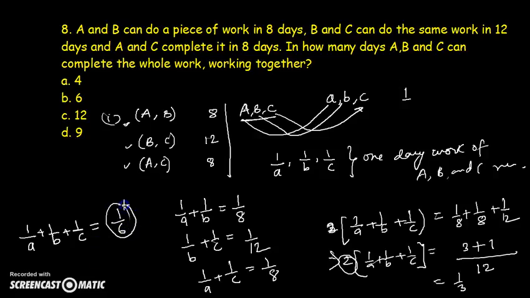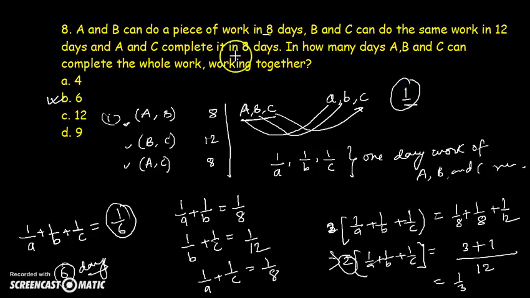If their 1 day work is 1 upon 6 and my complete work is 1 unit, I can definitely say that together they will take 6 days to finish the 1 unit of work, which is option B here.